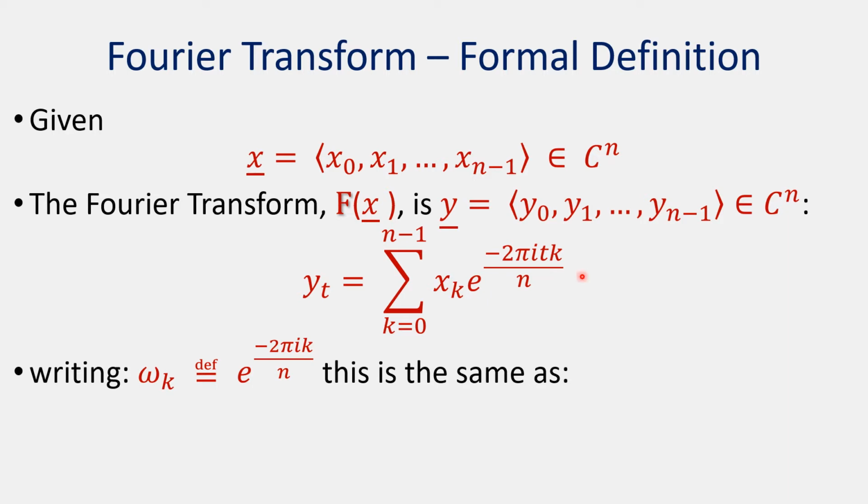So if I write, instead of this exponential term here, if I use this notation omega sub k as a shorthand for that, then this summation can be simply written as just this object here. Okay, so what's going on? We take the sum over all the individual components. We take the component of our input vector, we multiply it by this object raised to the power t, and that gives us the tth component of our output vector.